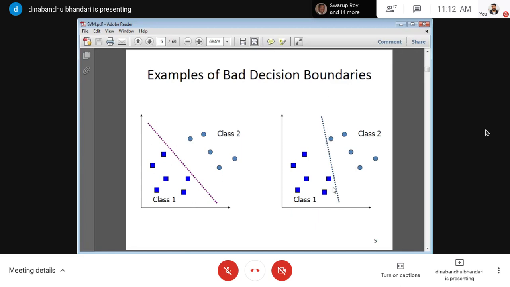So this is not a very good boundary. This is also not a very good boundary. This is obviously separating whatever given data you have, but that does not mean that it will work for out of sample data as well. This one is the same thing. Here, the point you would like to put in that rectangle would be classified as circle. The same way. So these are examples of bad boundaries.